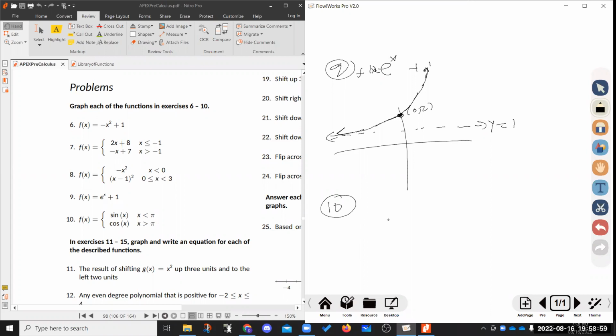Now we want f of x equal to sine of x for all x's that are less than pi, and cosine of x for all x's that are greater than pi, and we're not going to include a value for pi. It's going to be an open circle there.